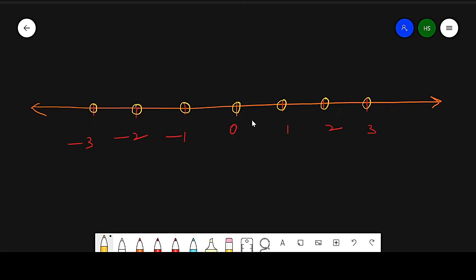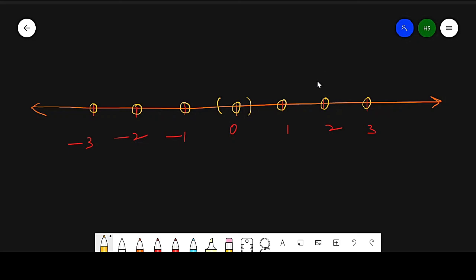Now at this place, if I take the deleted neighborhood, the function is not analytic at this point, but it is analytic in its deleted neighborhood. So 0 is an isolated singular point. Similarly, 1 is an isolated singular point, 2 is, 3 is.